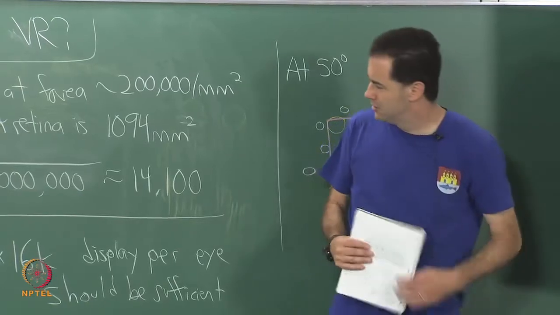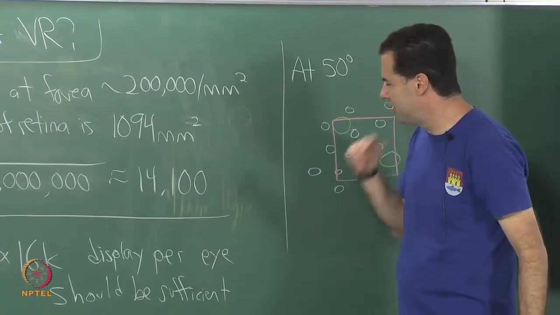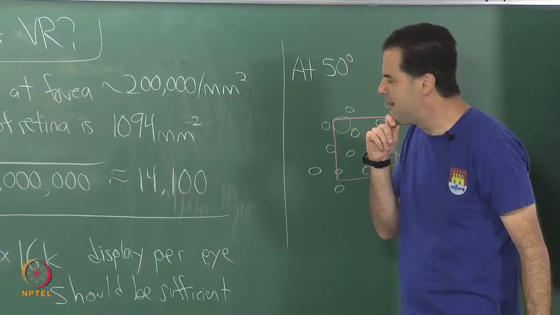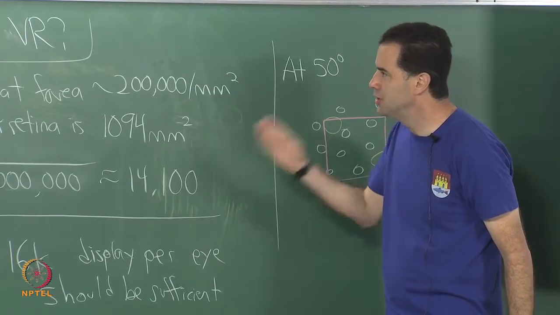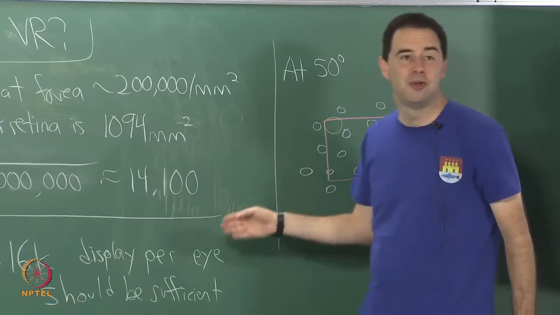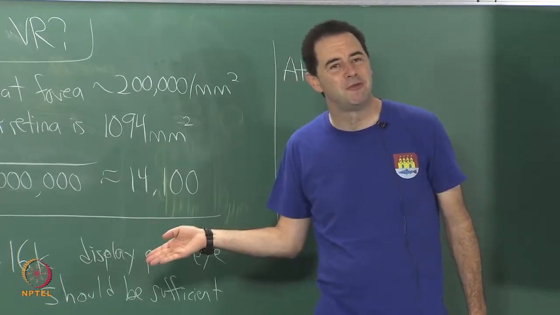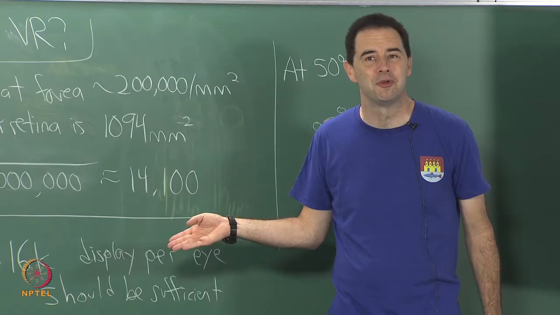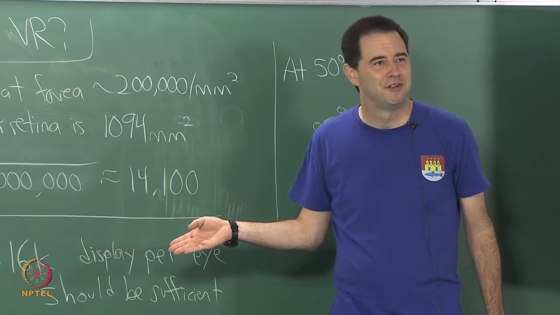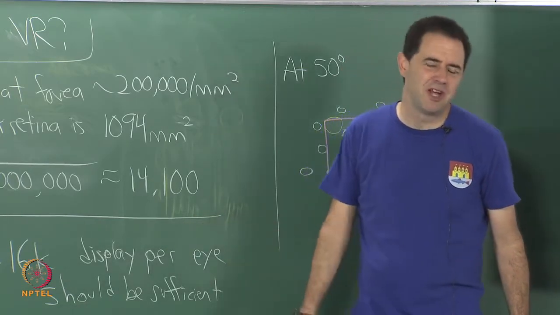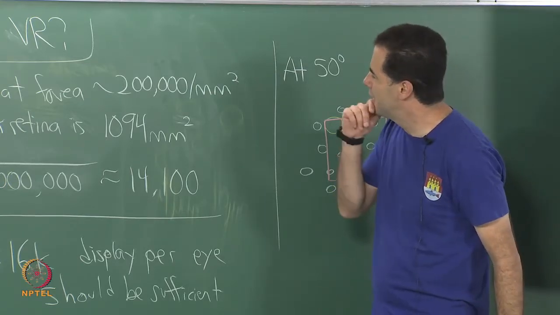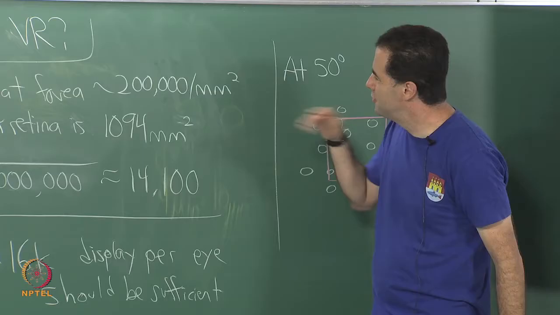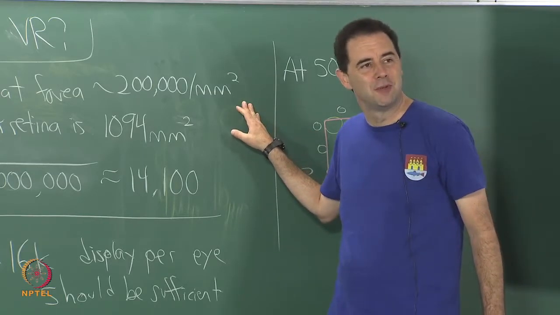Now sometimes I look at this and I feel motivated to go even higher and say, well, maybe it should be 32K by 32K, because I looked at the number of photoreceptors, but I did not take into account the fact that there's RGB photoreceptors, right? So maybe I should imagine, well, I need to have enough, which way should I go in that case? Let's see. I don't have this density of RGB photoreceptors.